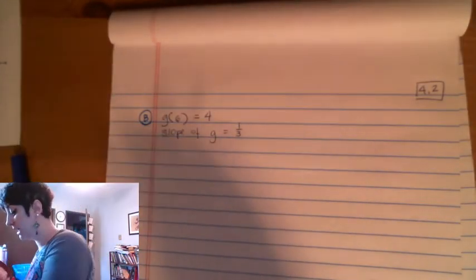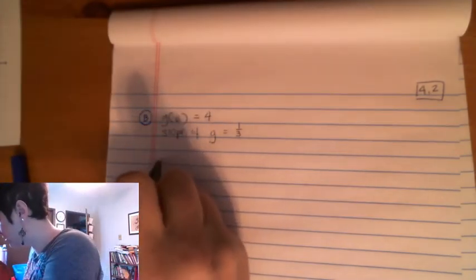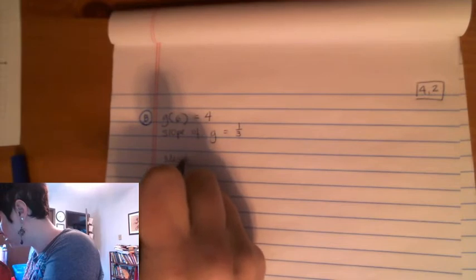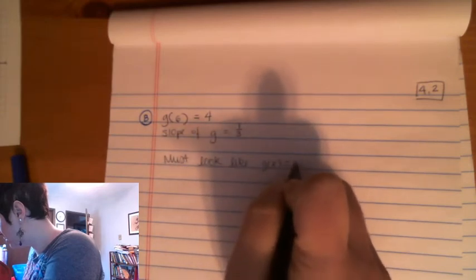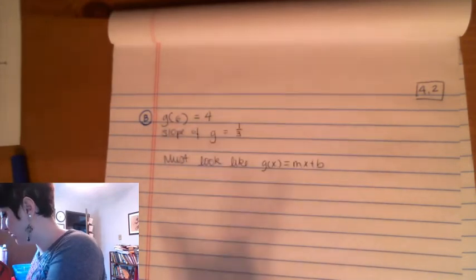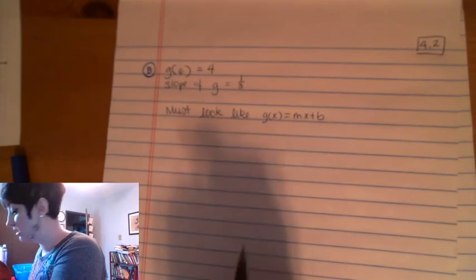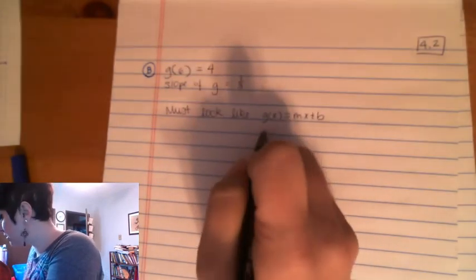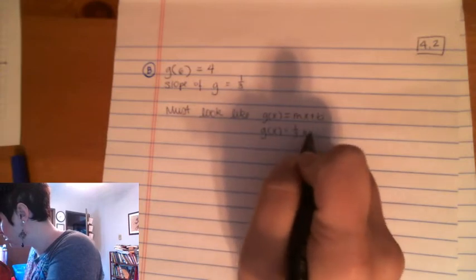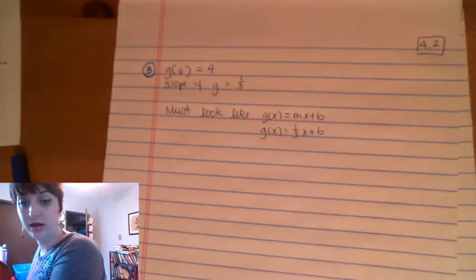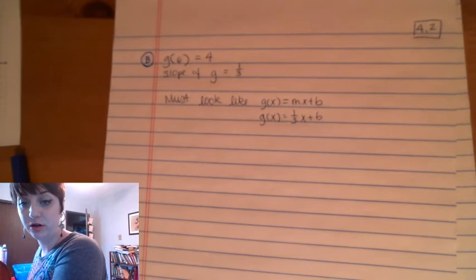So same thing. I know that it's linear, so it has to look like mx plus b. Since the slope is 1/3, we know that we have g of x is 1/3 x plus b.